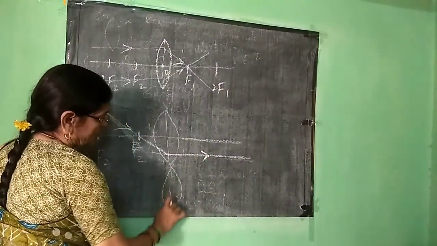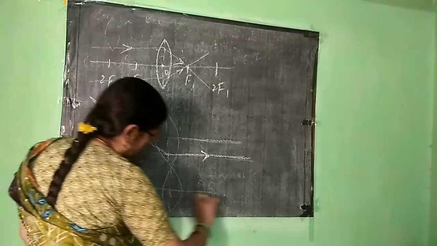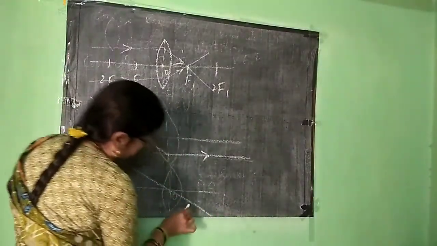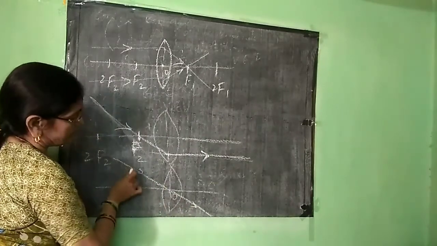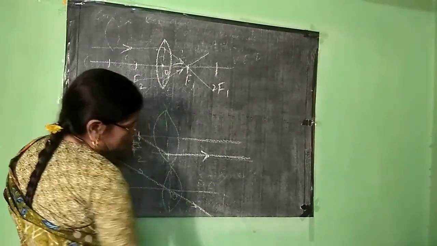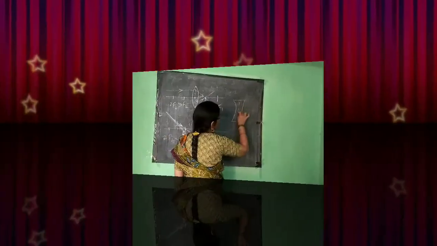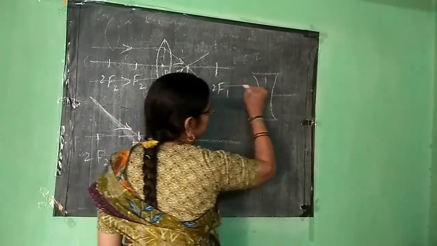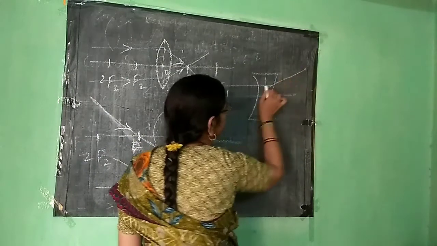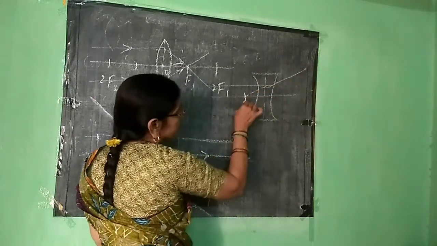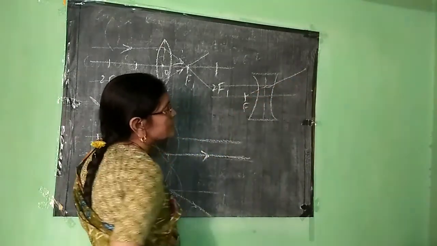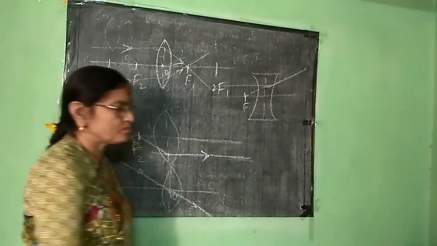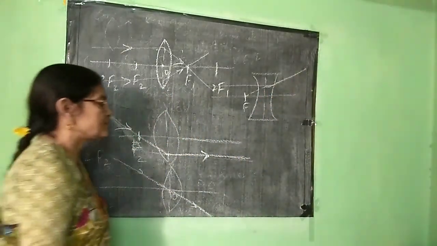Next, if any ray from the object is going through the optic center, it retraces and passes straight through. Whichever ray is parallel to the axis goes and meets at the focus. If it is through the focus, it goes parallel to the principal axis.